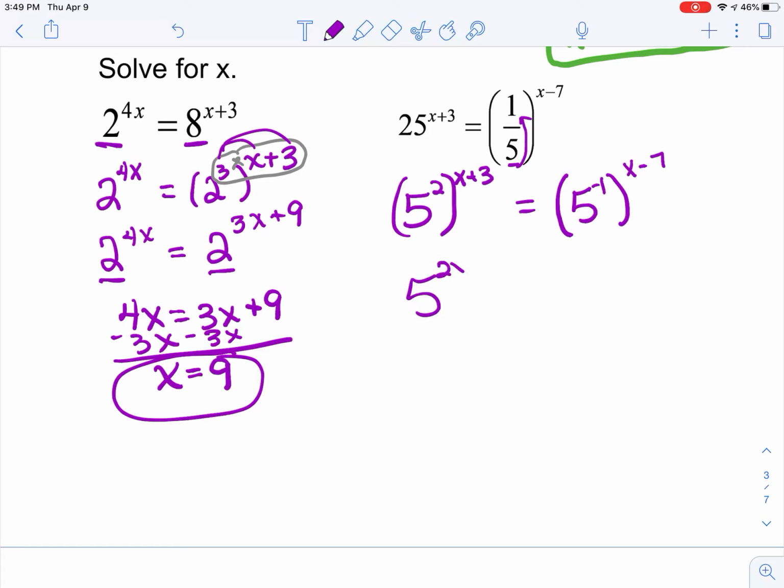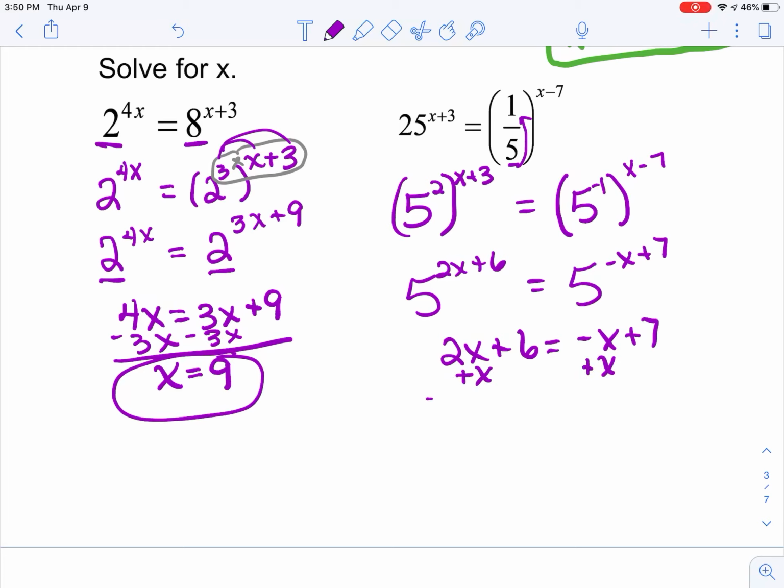Now, distributing, I have 5 to the 2x plus 6 equaling 5 to the -x plus 7 because I had to distribute. The bases are the same. 2x plus 6 equals -x plus 7. Add x to each side. 3x plus 6 equals 7.